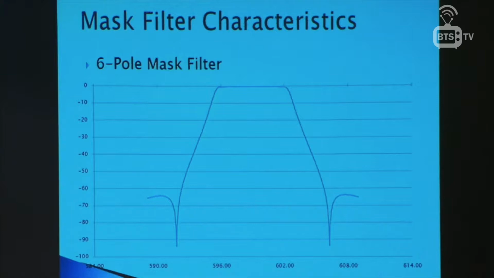You'll notice that in a 6-pole filter, the channel edge is there, and the roll-off starts a little outside the channel and ends up down at about minus 55 or so, almost a channel away. We'll see what that does to our noisy, intermod-laden signal in a minute. And the same thing happens on the top side of the channel.